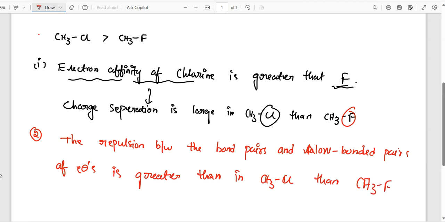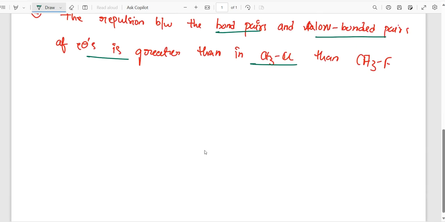Okay, the second point is that the repulsion between the bond pair and non-bonded pair of electrons is greater in CH3Cl than in CH3F. Why? Because here we observe C bonded to hydrogen, hydrogen, hydrogen. Here is the chlorine. We observe three lone pairs of electrons.